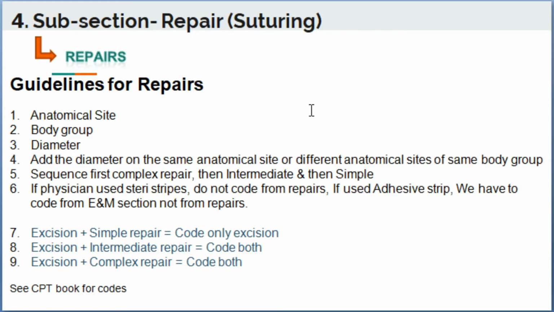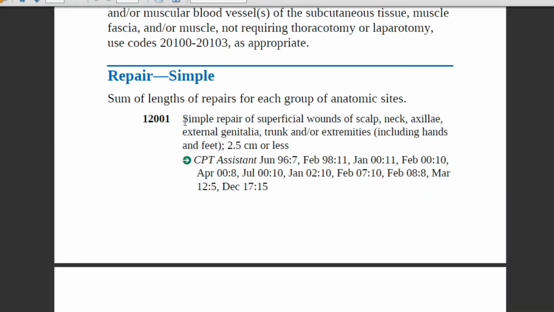So let's see the CPT book for codes. 12001. The description of this code is simple repair of superficial wounds of scalp, neck, axillae, external genitalia, trunk and/or extremities, including hands and feet, 2.5 centimeters or less.